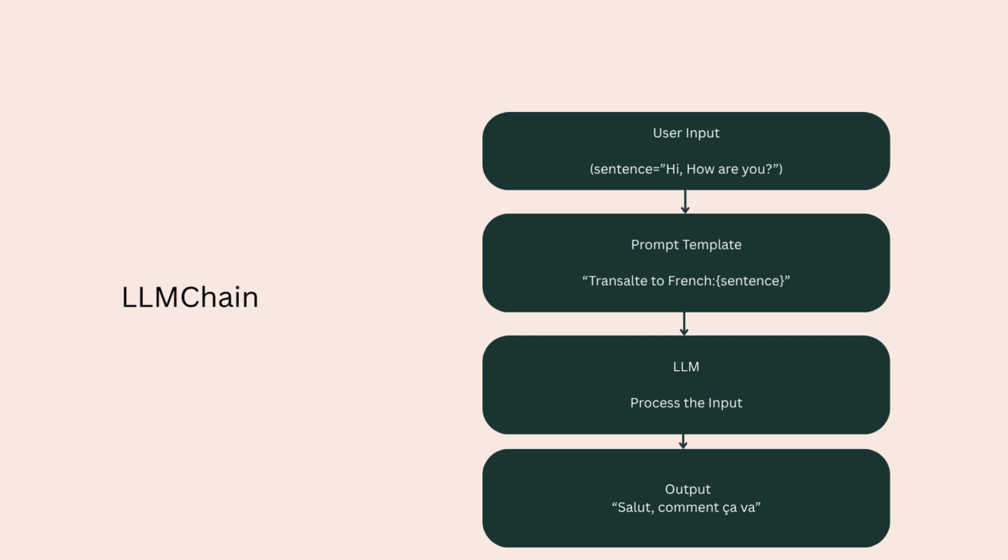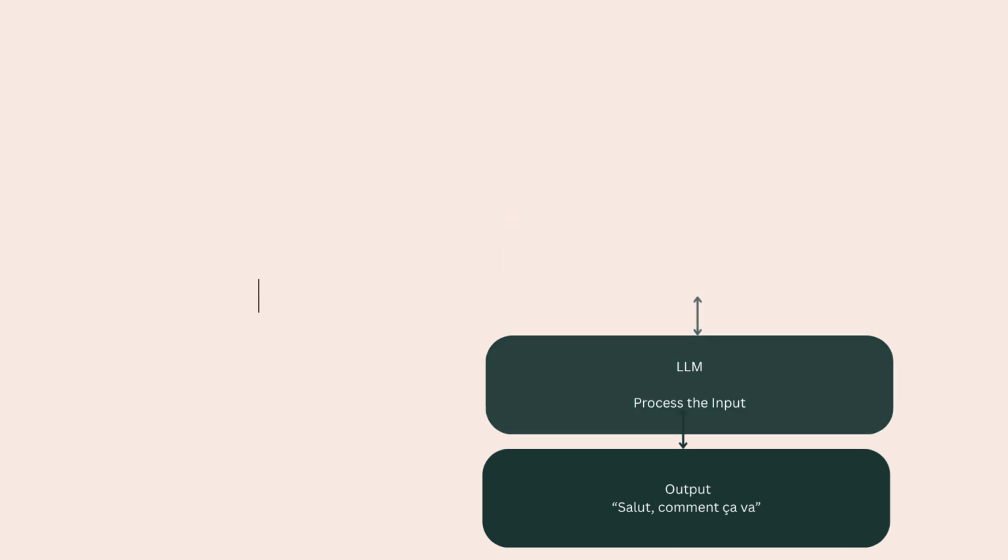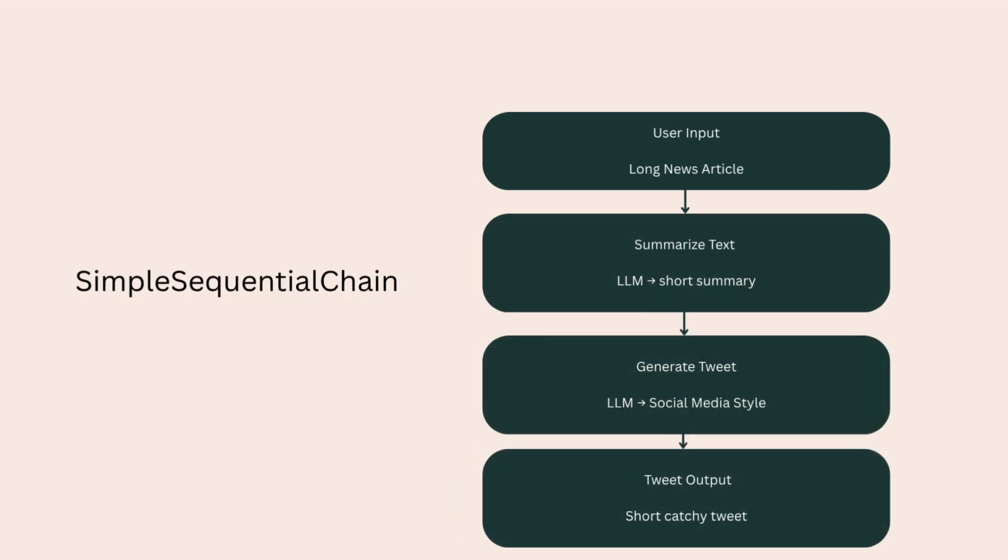In the next step, the prompt template accepts that sentence, please translate into French, and after that the prompt template plus user input sentence is combined, and this data is sent to the LLM, which processes the input and sends the output in the French language.